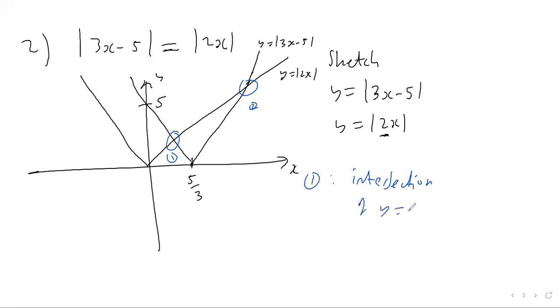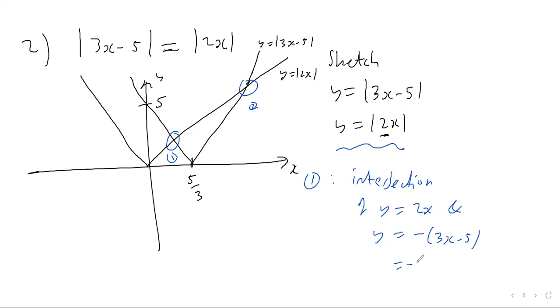of y equals 2x, because this is the positive part of this graph when x is positive, and also the graph y equals negative of 3x minus 5, because this is the negative part of this modulus of 3x minus 5 graph, the left-hand side of that graph.